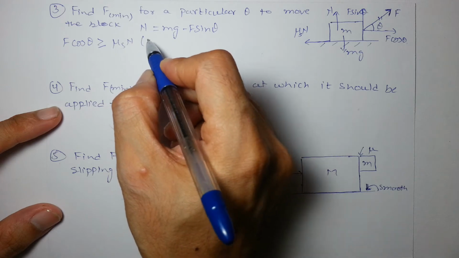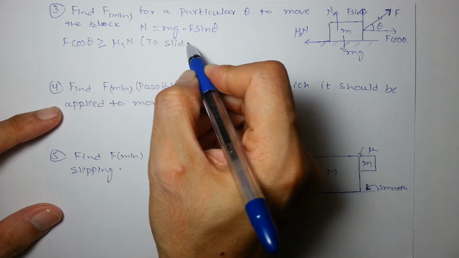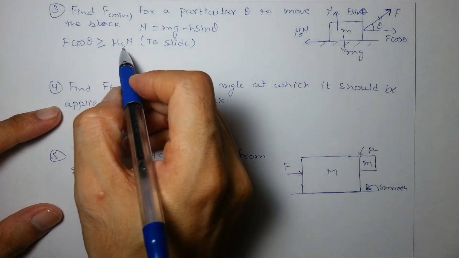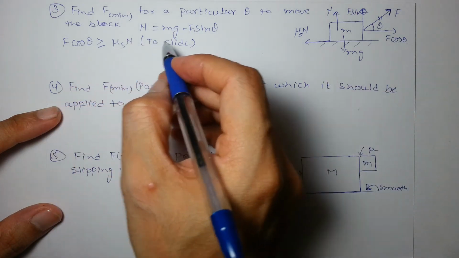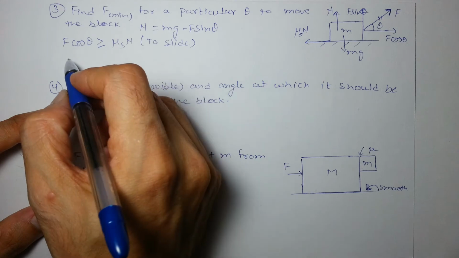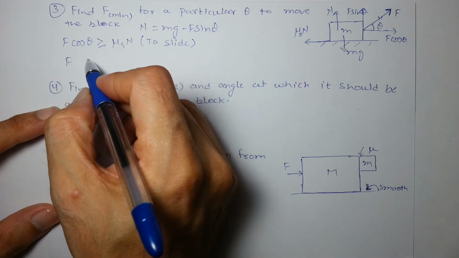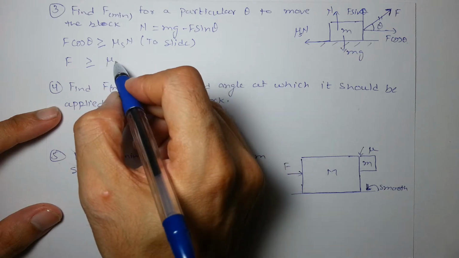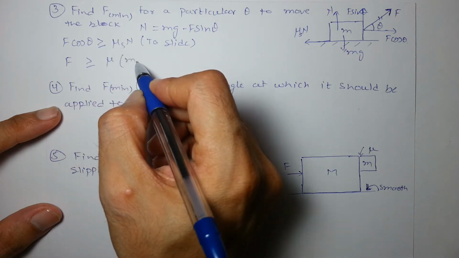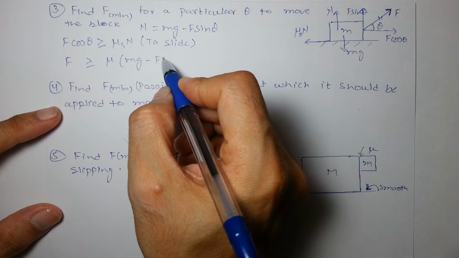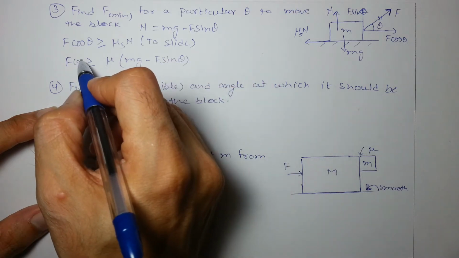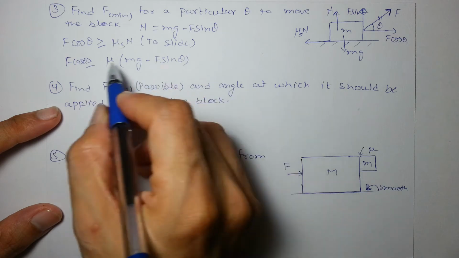Again, this is the condition to slide. Obviously, this force must overpower the limiting friction. So putting the value of N, F cos theta should be greater than or equal to mu times (mg minus F sin theta).